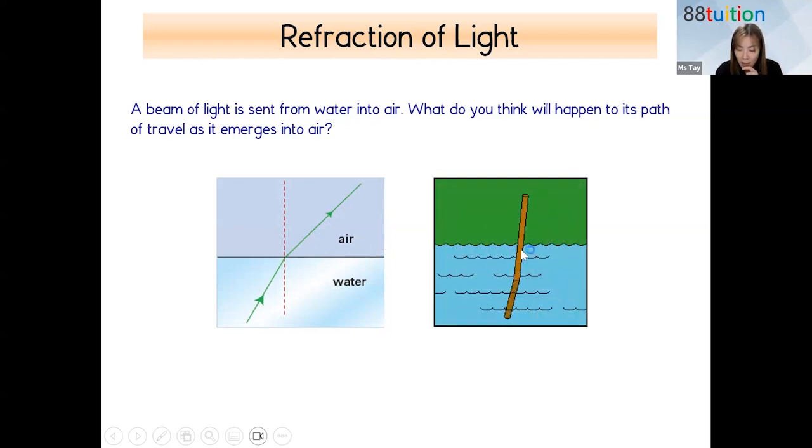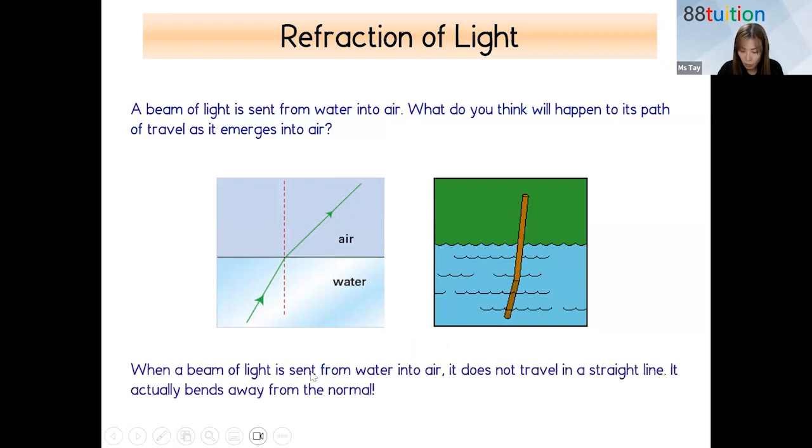When you have, let's say, a stick in water, or maybe even your glass of water, you put a straw in, do you see that the straw is not straight? It looks like it is being folded, okay, or tilted to a certain angle. Yeah, so this is known as refraction. Okay, not reflection, but refraction. Okay, know the difference between the two.